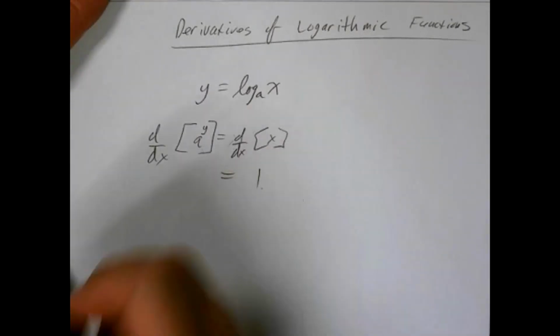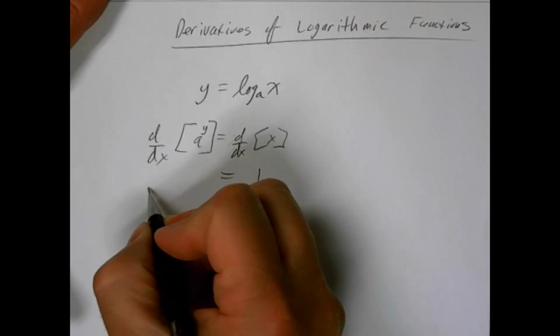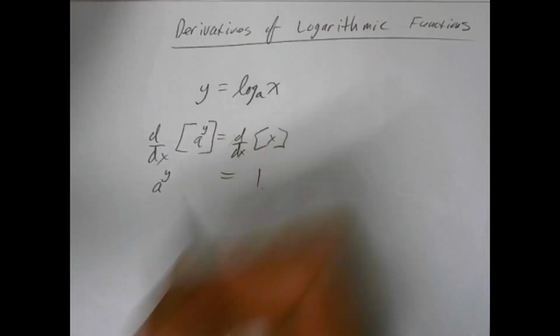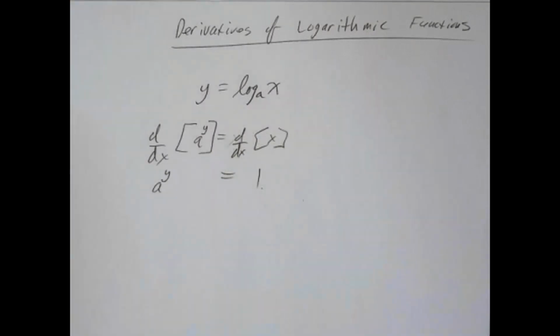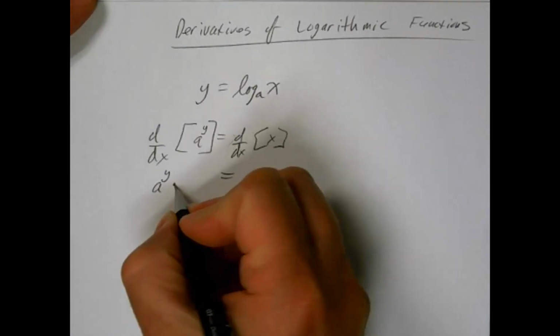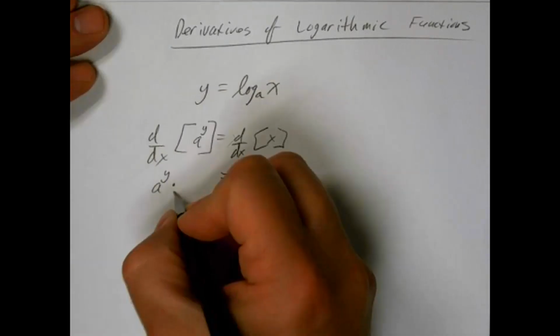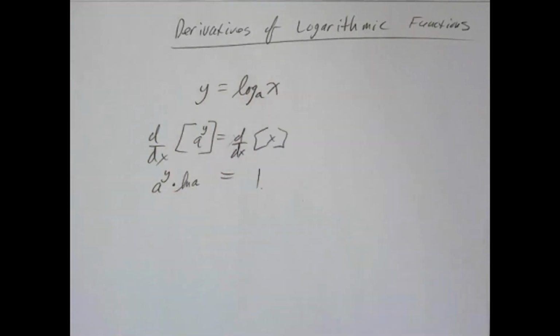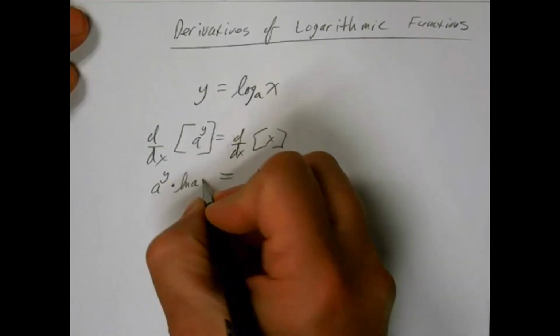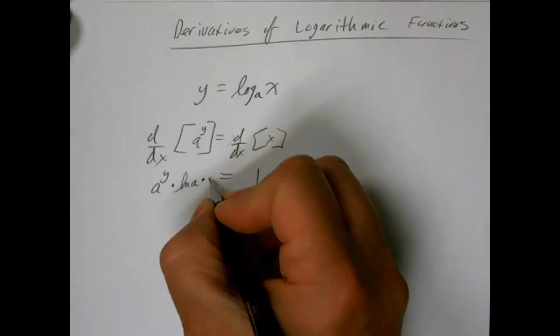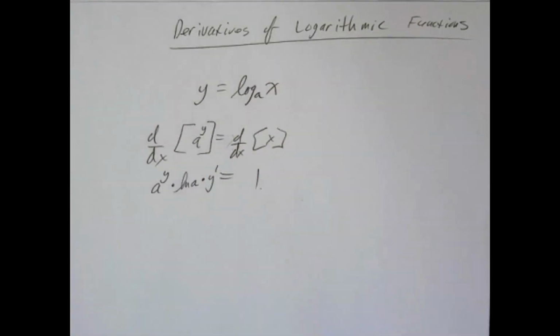Derivative of an exponential always gives us back the exponential, which was the a to the y, times, we're going to have in here also a natural log of a, because as we said in previous videos, of a change of base type scenario. And by the chain rule, we're going to have a y prime.